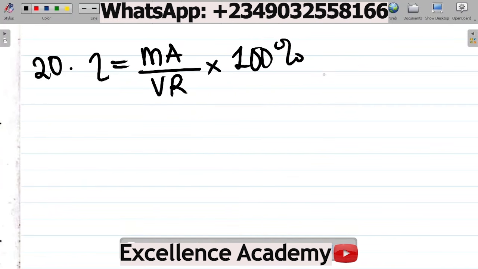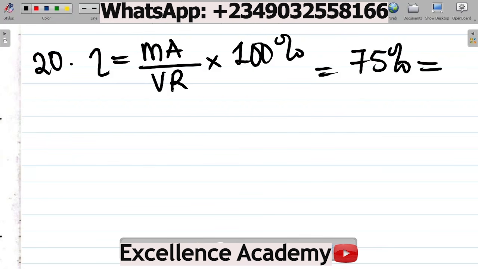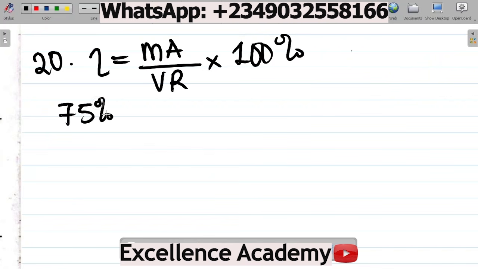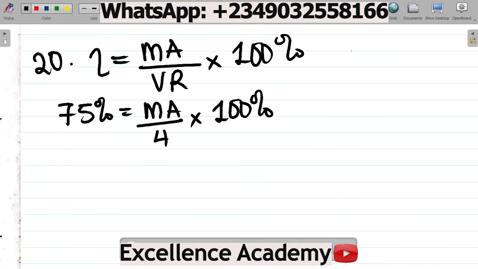So 75% is equal to the mechanical advantage MA all over, for this question, they gave us velocity ratio as 4, so all over 4 times 100%.